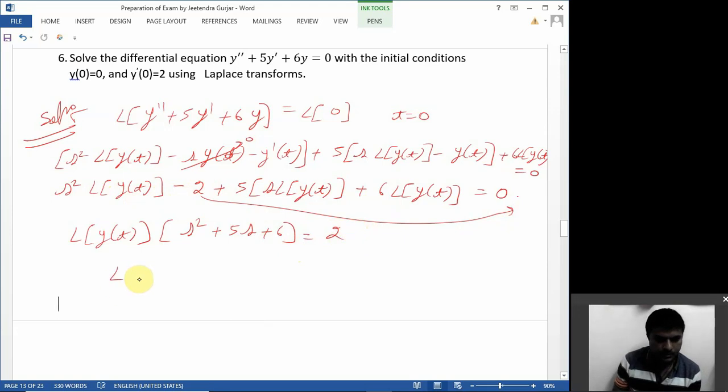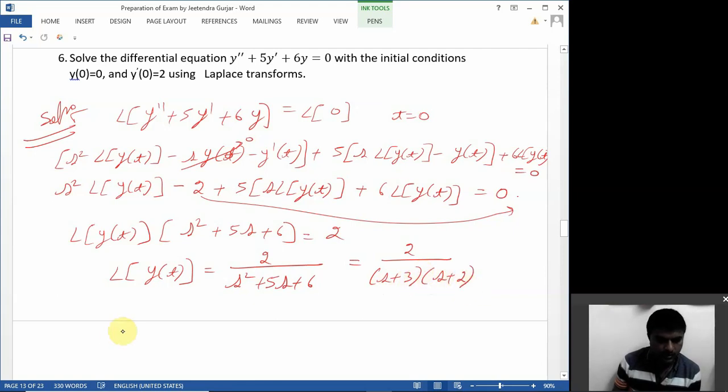When you simplify, you will get L of y(t) equal to 2 divided by s² + 5s + 6. So easily you can factorize this one. 3 into 2 is going to become 6. So this is 2 divided by (s + 3)(s + 2). So easily can do this.